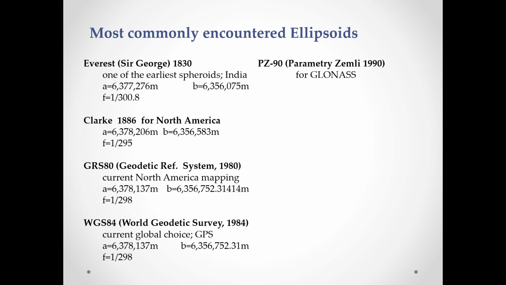Then Clark 1886 for North America. GRS 80, Geodetic Reference System 1980, current North America mapping. Next one is WGS 84, World Geodetic Survey 1984, current global choice, that's GPS. And another one is the PG 90.